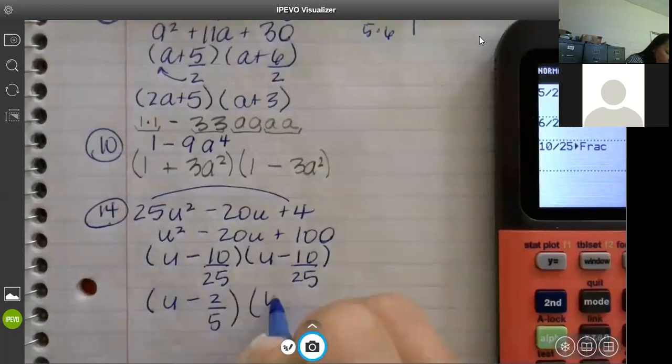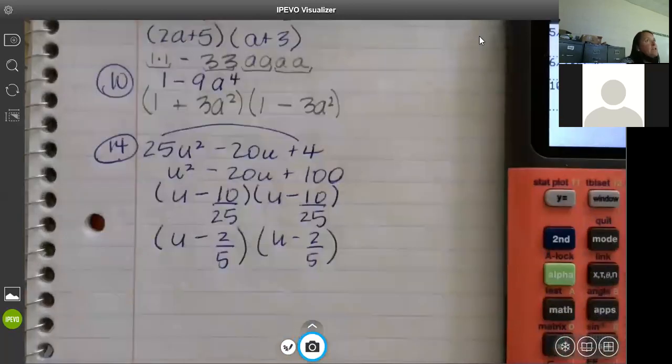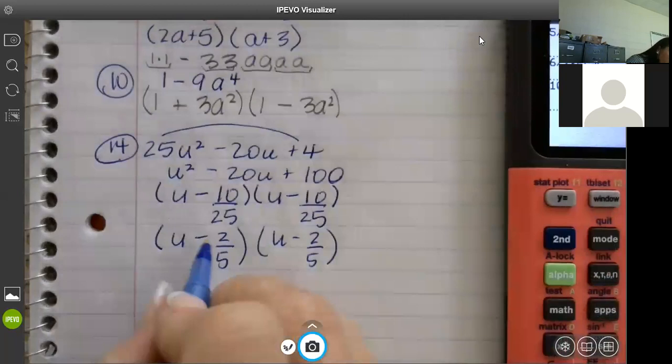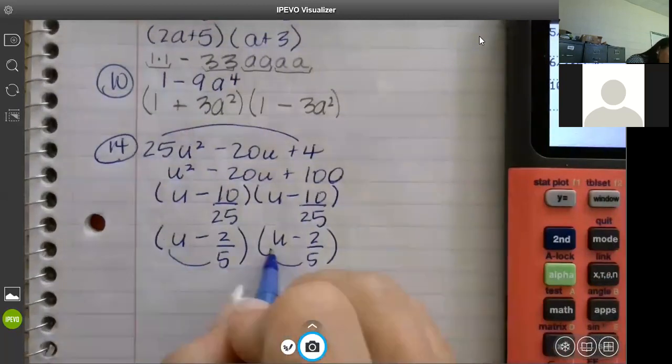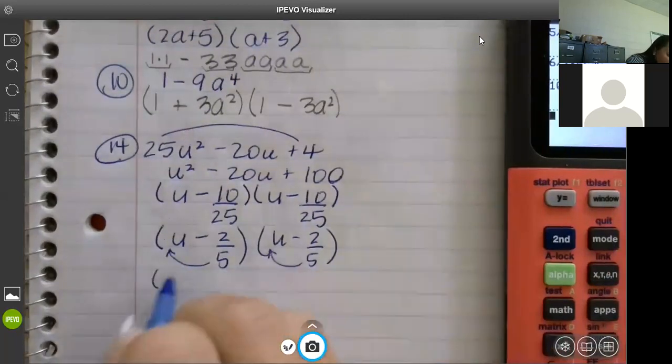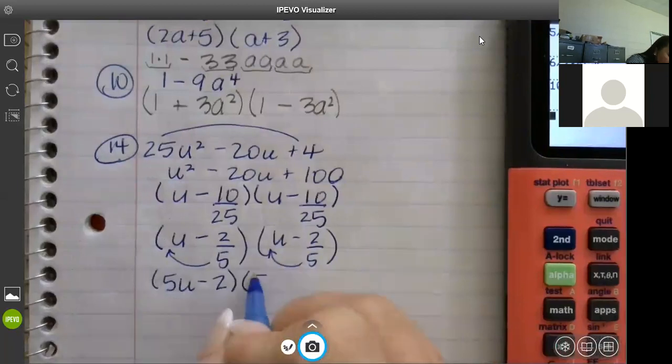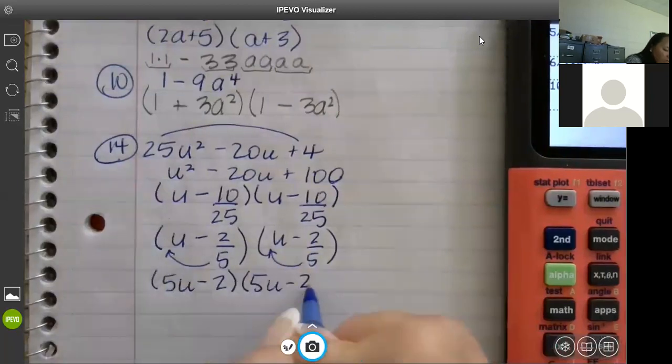Remember, they're both the same. And then since I still have a fraction, I just move the 5 up. So both factors are 5u minus 2 and 5u minus 2.